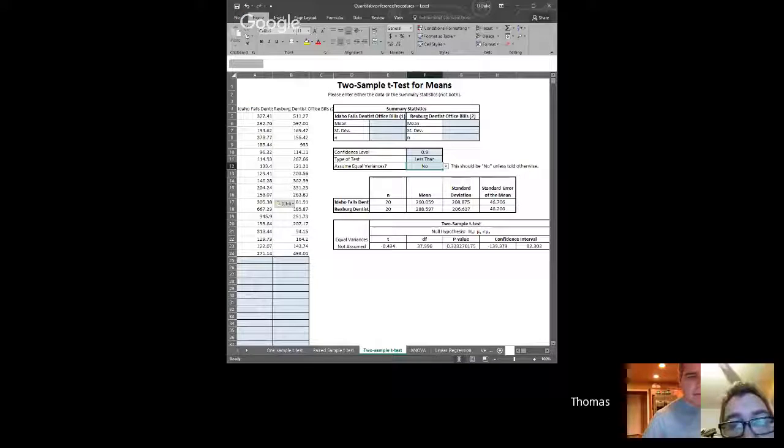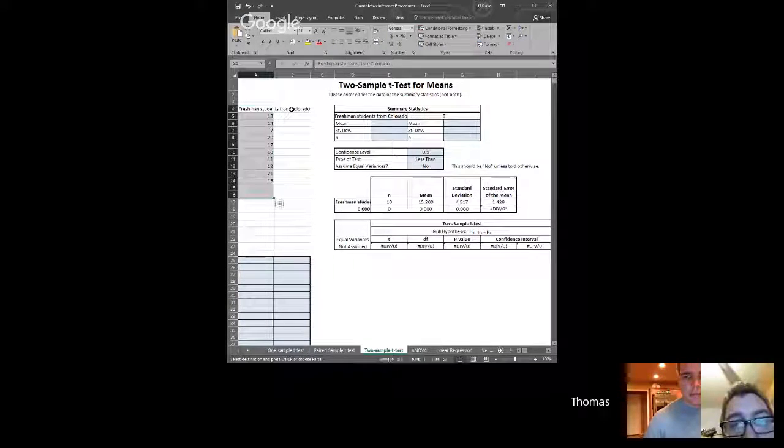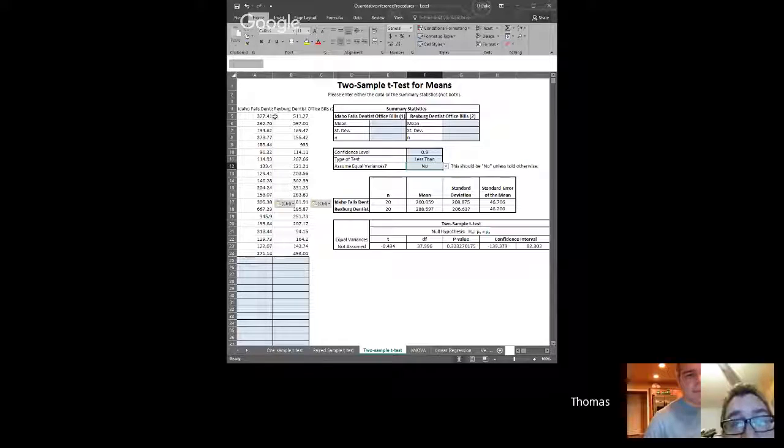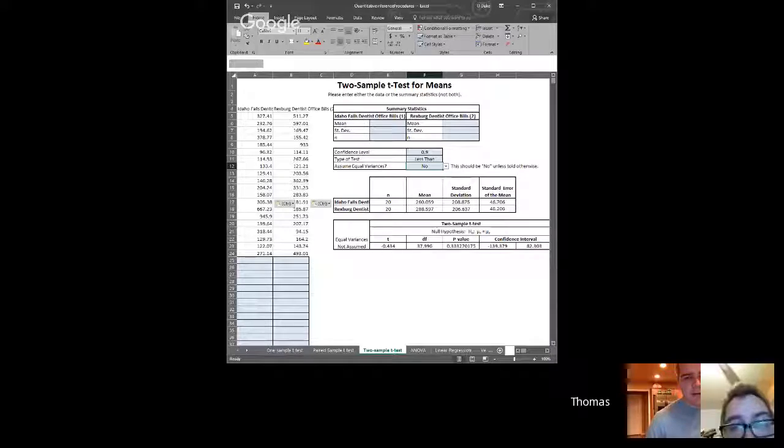With this one, we're pasting students from Colorado in the first column and students from Utah in the second column of our two sample test for means. So it's actually negative 0.845. Yeah. And the p-value is 0.20.